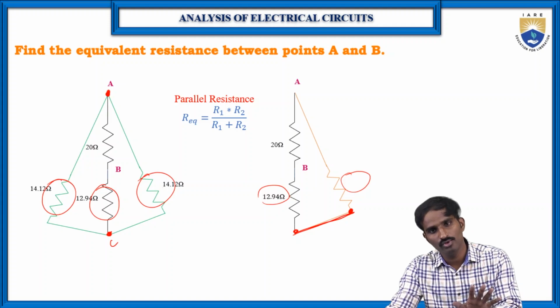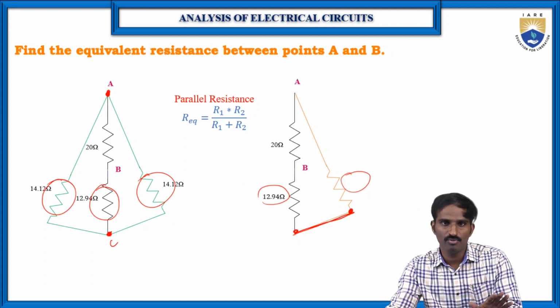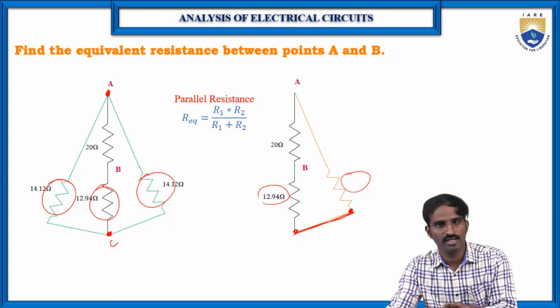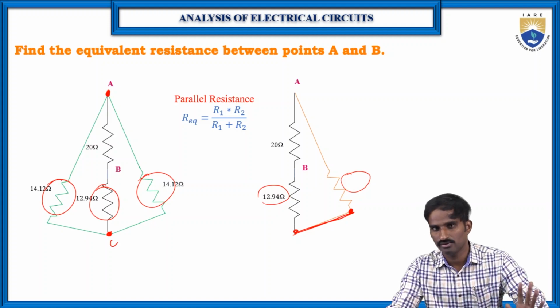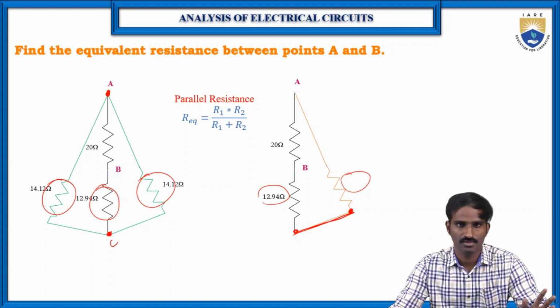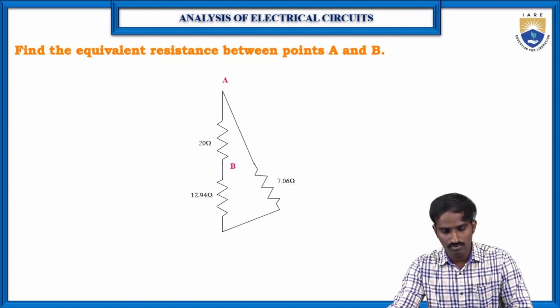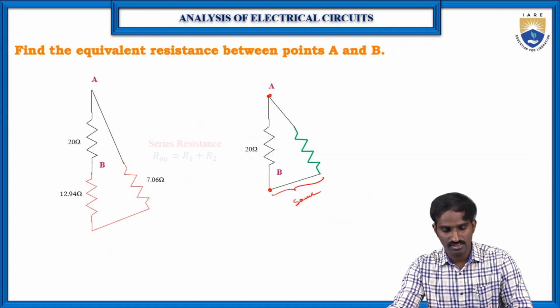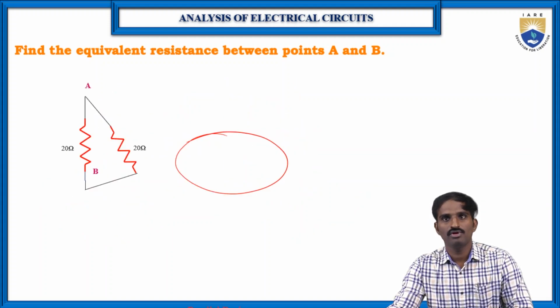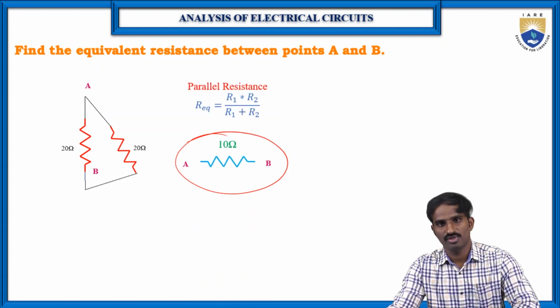If you are not able to identify any series or parallel combination of the resistors, then we will go for the star to delta and delta to star transformation. So this is how we can apply the delta to star and star to delta transformation to find the equivalent resistance between any two terminals.